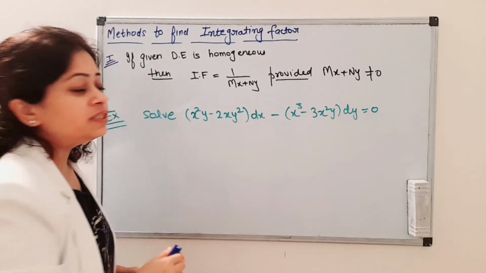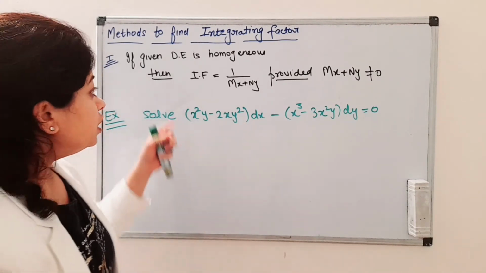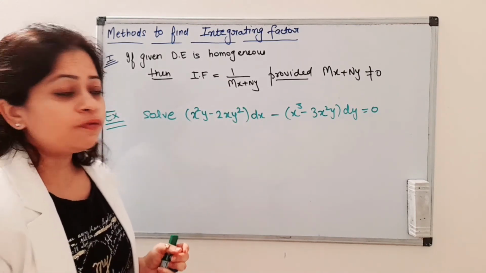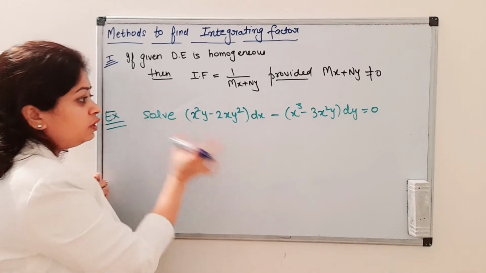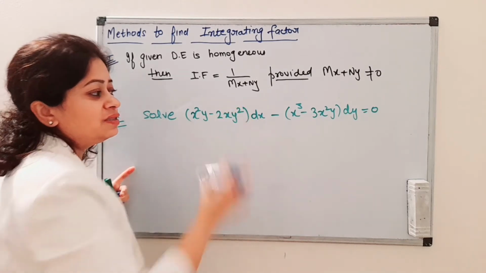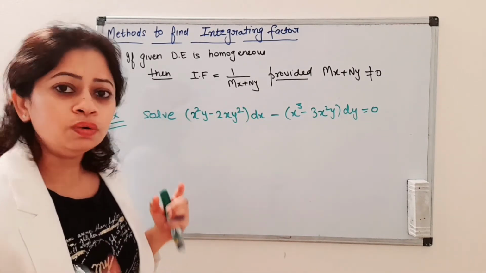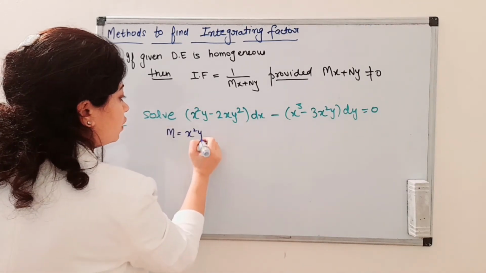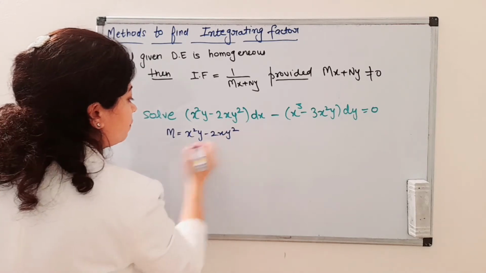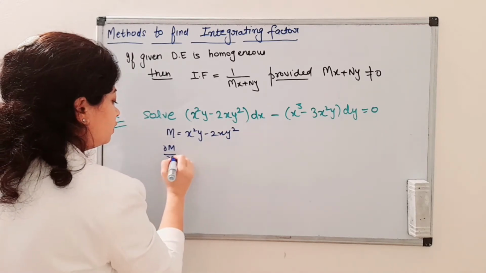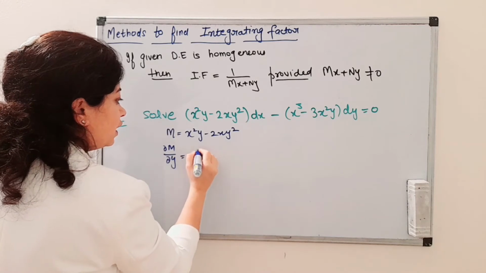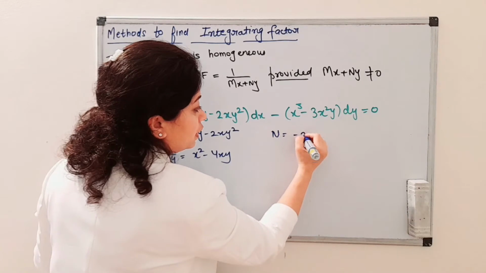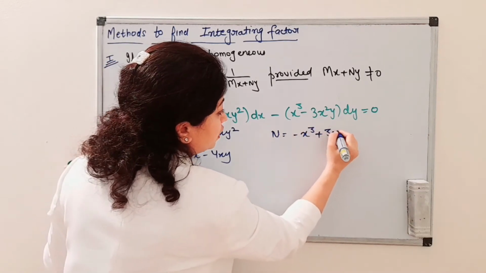Whenever we have this type of differential equation, the integrating factor is 1 upon (Mx plus Ny). But first of all, when we don't know whether the differential equation is exact or not, we need to check. So we will find M is equal to x square y minus 2xy square. We will find ∂M/∂y. This is x square minus 4xy, and N is minus x cube plus 3x square y.